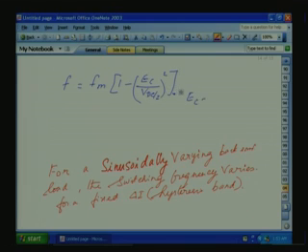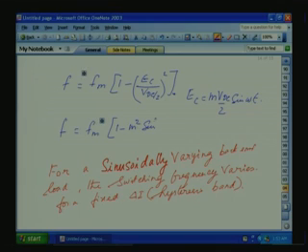Now, EC is equal to m into VDC by 2 sin omega t. Let us substitute this one in this one. So, here F will be equal to Fm into 1 minus m square, that is the modulation index, sin square omega t. This is the frequency variation.